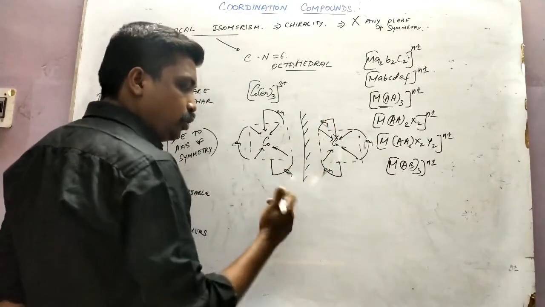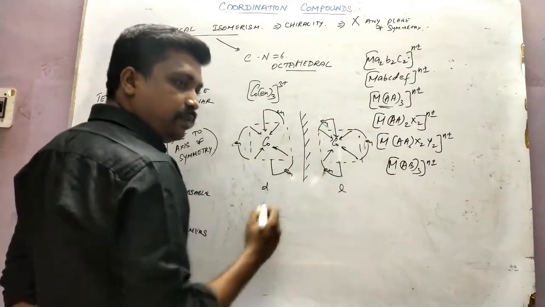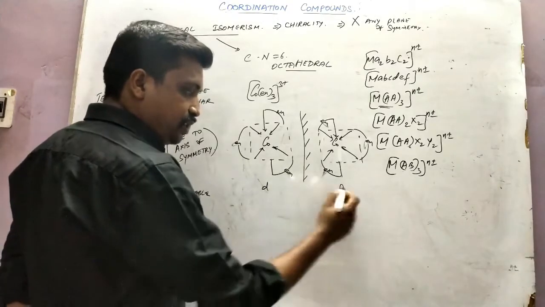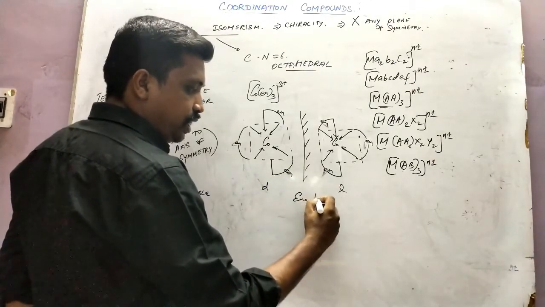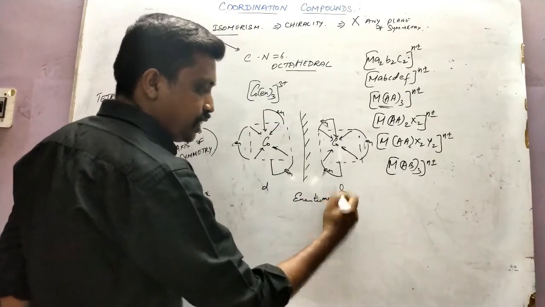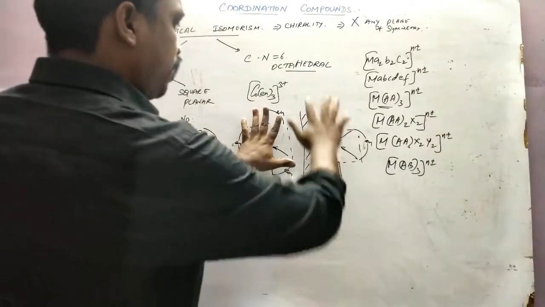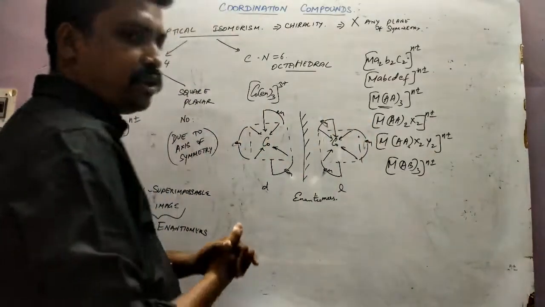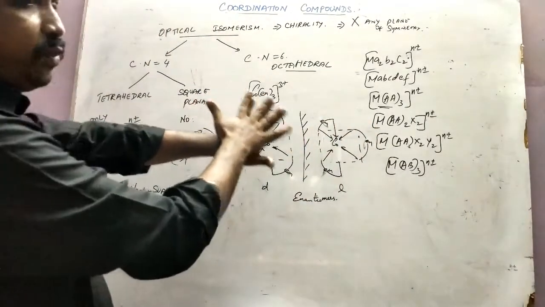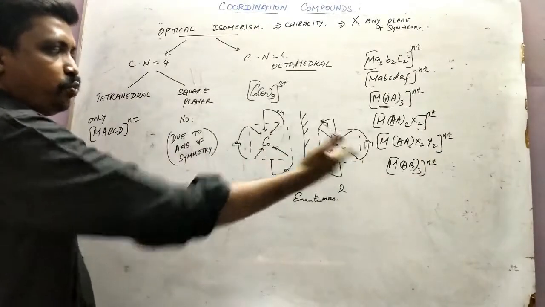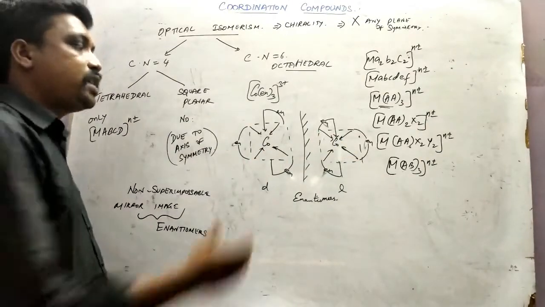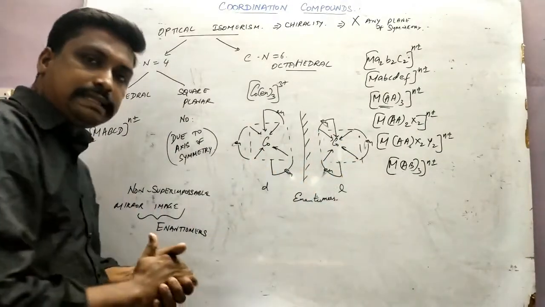So among these two, one will be dextro-rotatory and another will be levo-rotatory, which are generally called enantiomers. It is nothing but like the right hand, which in the mirror you will observe as the left hand. So they have a non-superimposable relationship. They cannot be superimposed over one another. Such isomers are called enantiomers.